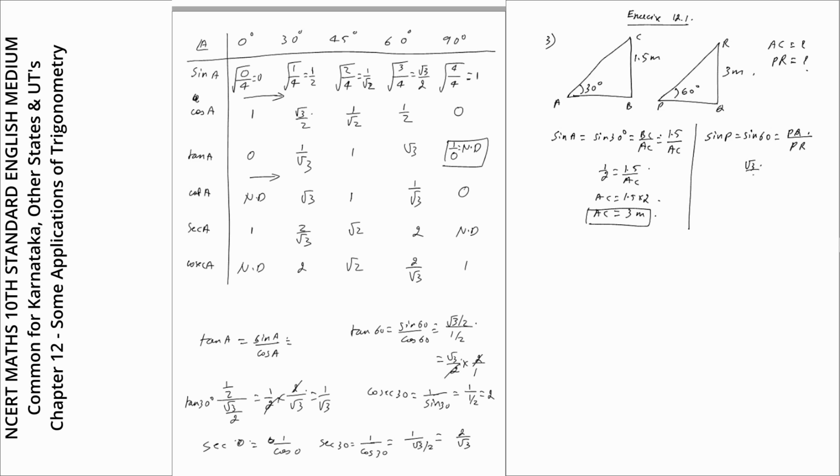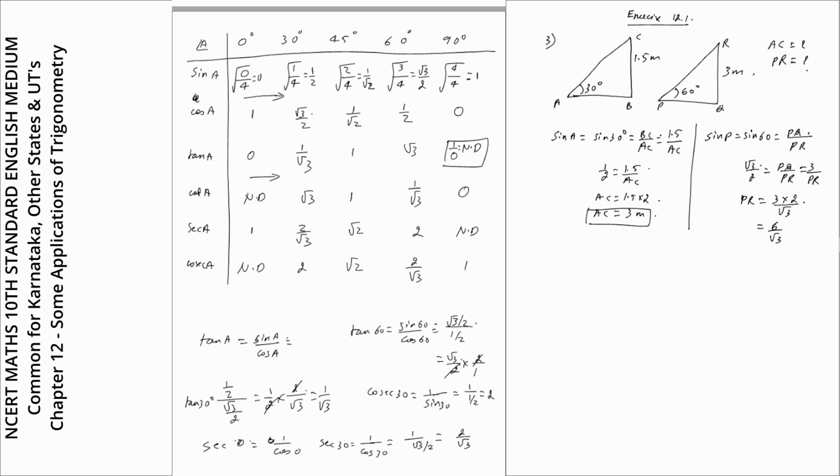So root 3 by 2 is equal to PQ by PR. PR is unknown, and PQ we know it is 3 meter, 3 by PR. When we cross multiply, PR is equal to 3 into 2 by root 3. So 6 by root 3.